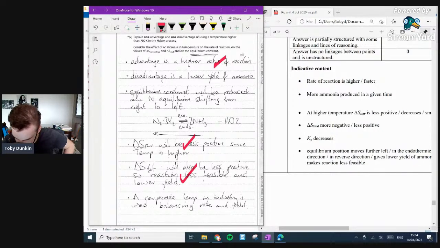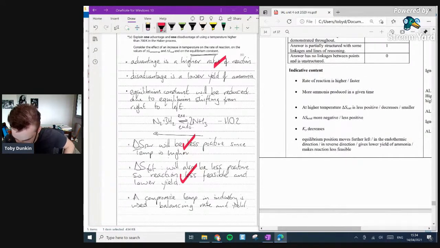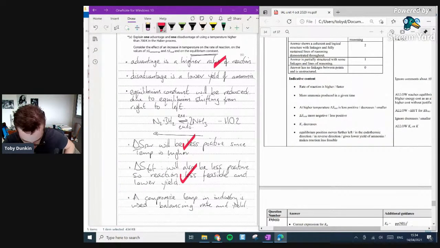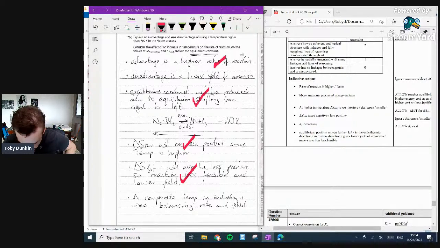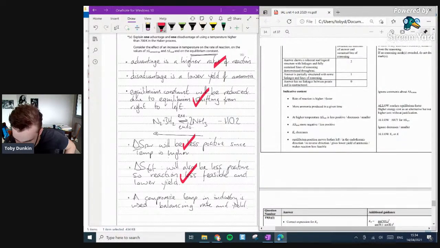Kp decreases, the equilibrium moves to the left, less feasible. That's the only thing that I've missed.